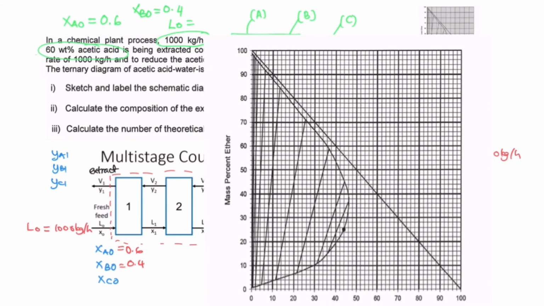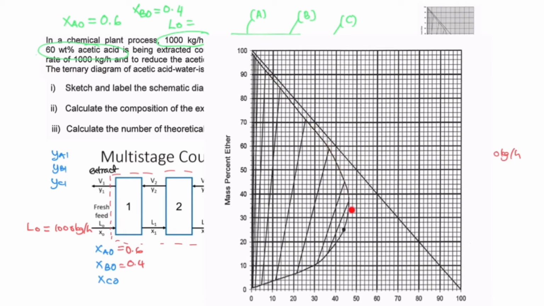Remember this is the equilibrium curve. If our extract and the raffinate compositions are in equilibrium, therefore the raffinate position or point will lie on this particular equilibrium curve. Same thing with the extract. The extract will lie on this extract layer.